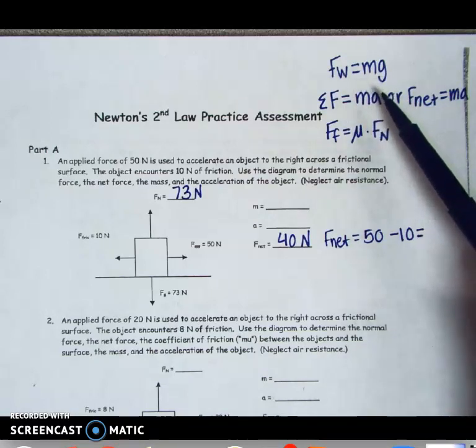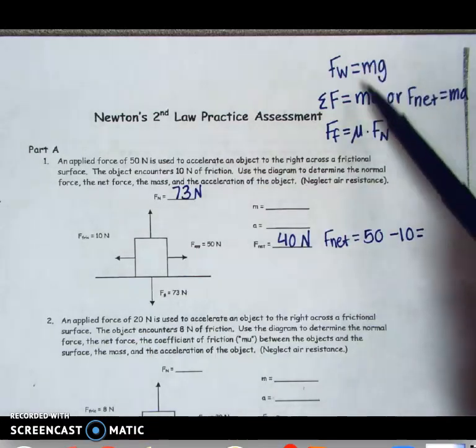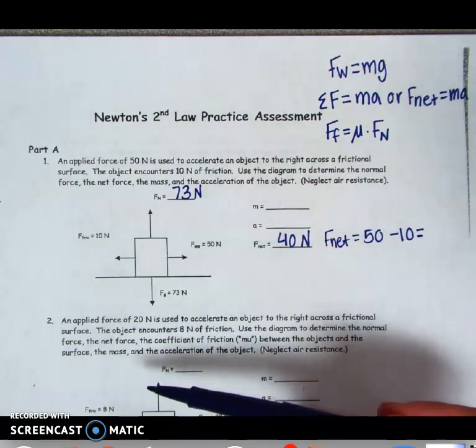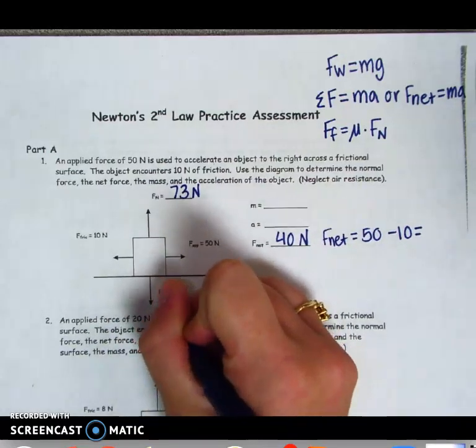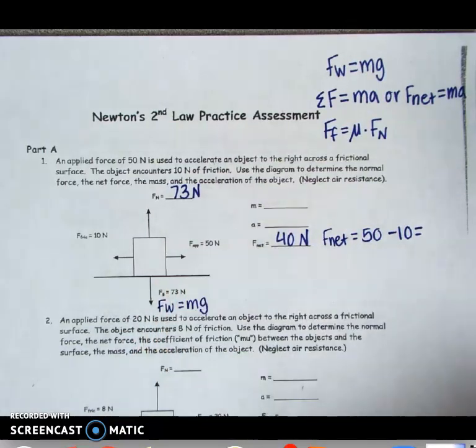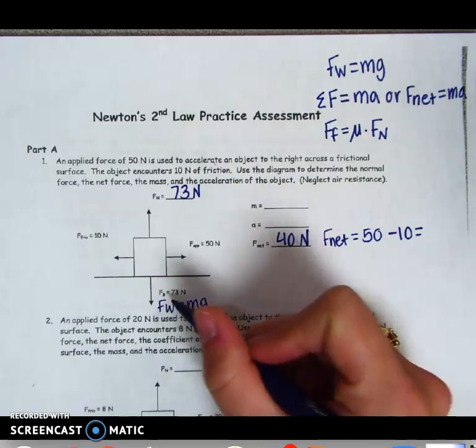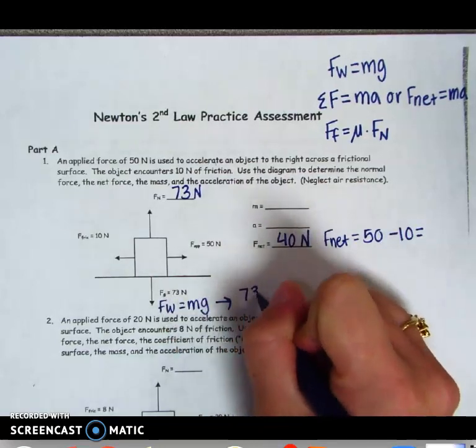But what does force of weight mean? Force of weight and force of gravity are the same thing. That just accounts for gravity, the force that's pulling everything down towards the center of Earth. So we could say that our force of weight is equal to mass times gravity. I'm just going to plug in our numbers: our force of weight is 73.